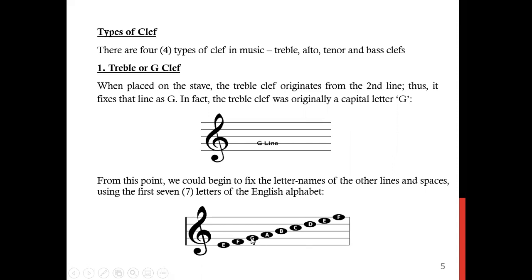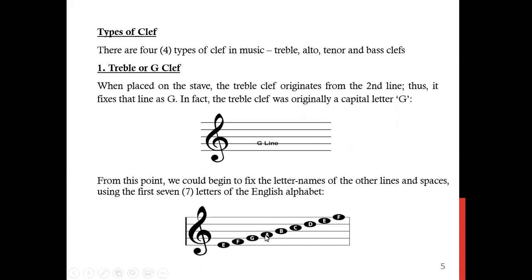Okay, so if G is on the second line, then the next thing that follows G is the space. If you see the stave I'm pointing at right now, you will see that there's a space that follows G. What is going to be there? It's going to be A. We're not going to H, okay? In the English alphabet, it's A, B, C, D, E, F, G, H. Instead of putting H after G, it's not going to be H now.